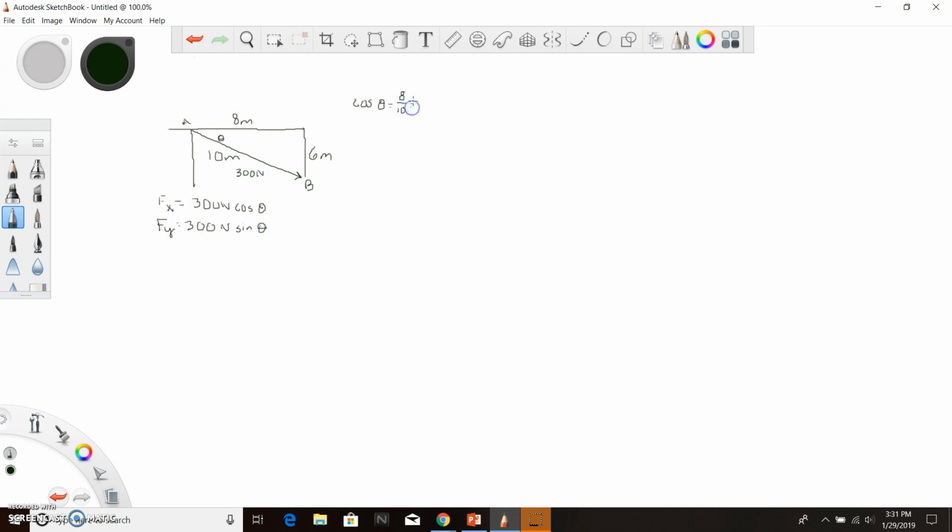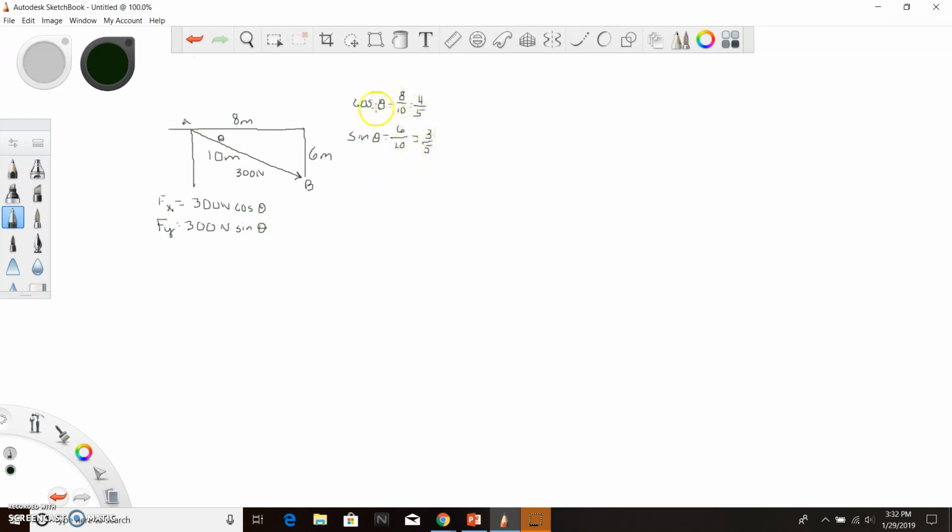We can reduce that down and take a 2 out, and we can make it 4 over 5. Now, if we do the sine of theta, that is going to equal opposite over hypotenuse. So that's going to be 6 over 10, and that can reduce, if I take a 2 out, to 3 over 5.